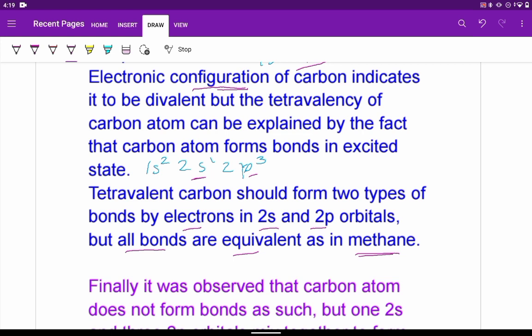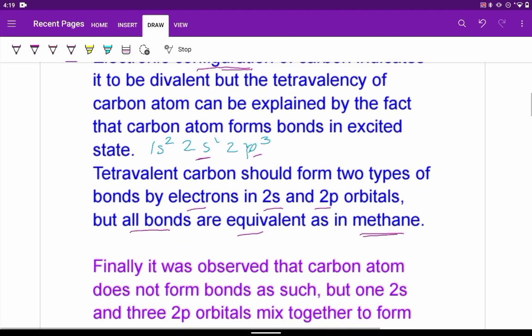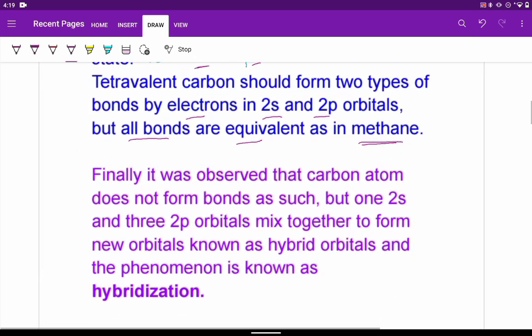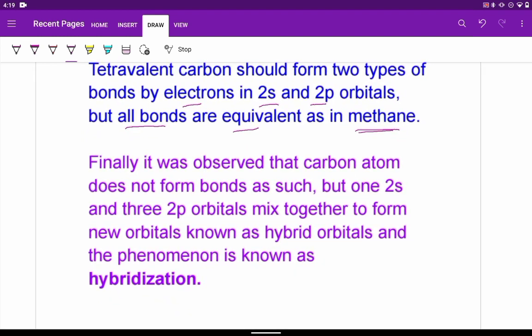So for that to happen, the orbitals of carbon which are participating in bonding should be equivalent. Now how it happens? It was observed that carbon atom does not form the bonds as such, like s separately, p orbital separately. Actually it doesn't happen. What happens is that one 2s orbital and three 2p orbitals mix together.